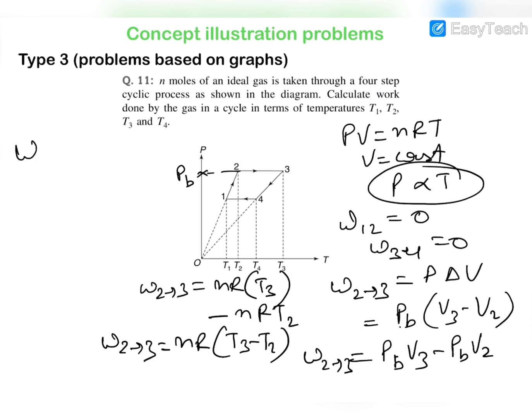and similarly work done in 4 to 1 will be negative because volume is decreasing. So what we have to do is find out P delta V in magnitude with a negative sign.